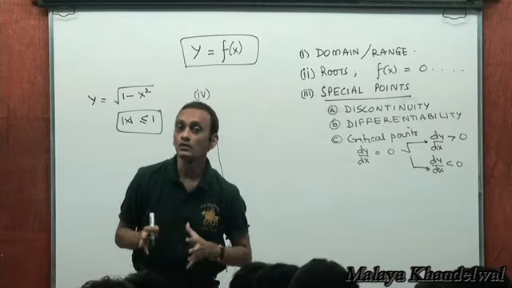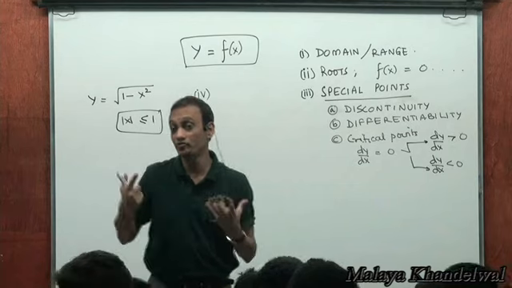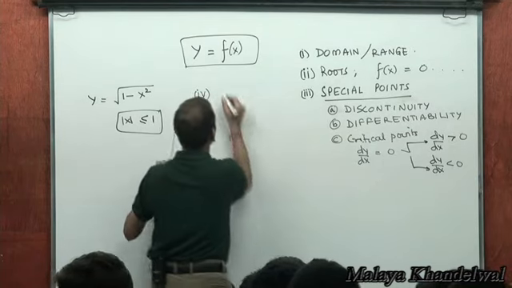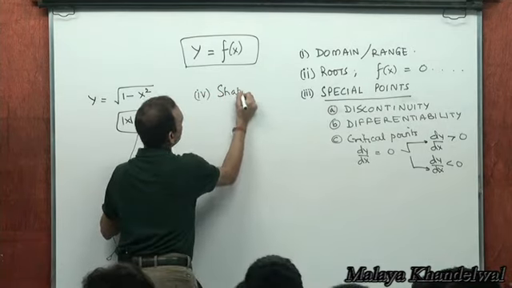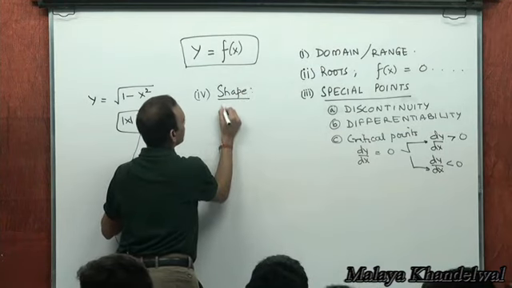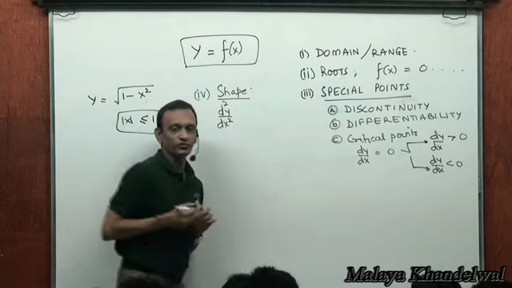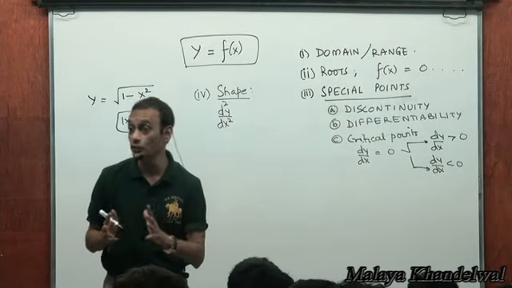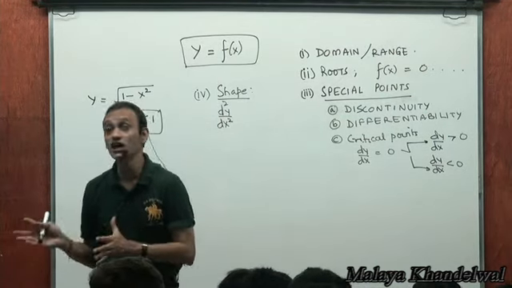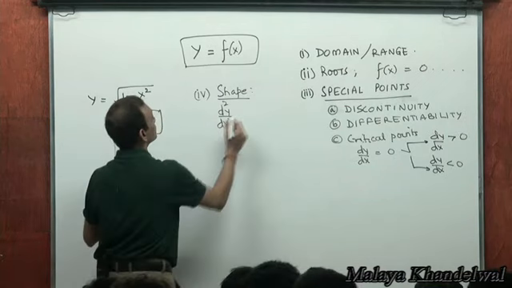Sometimes the shape of the curve. How do you check the shape of the curve? d2y/dx2. Check for this. If d2y/dx2 in an interval is greater than 0, then it's a concave curve.